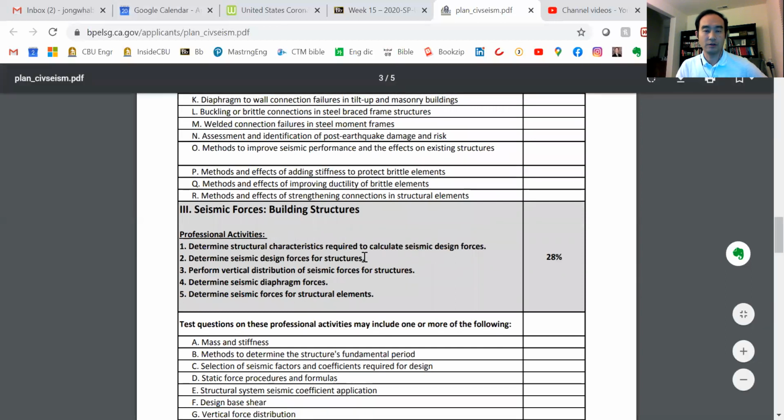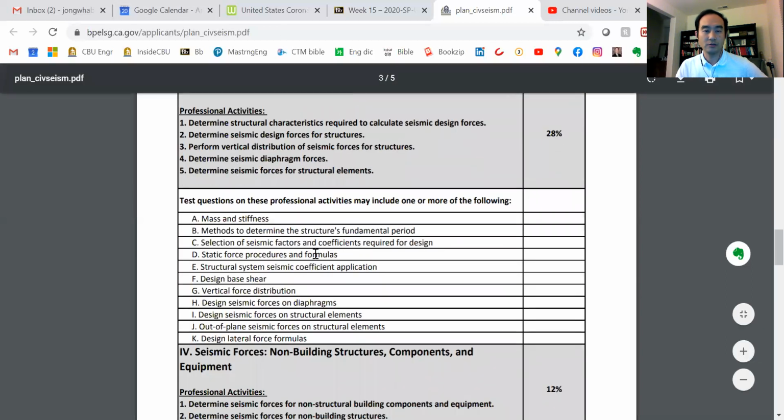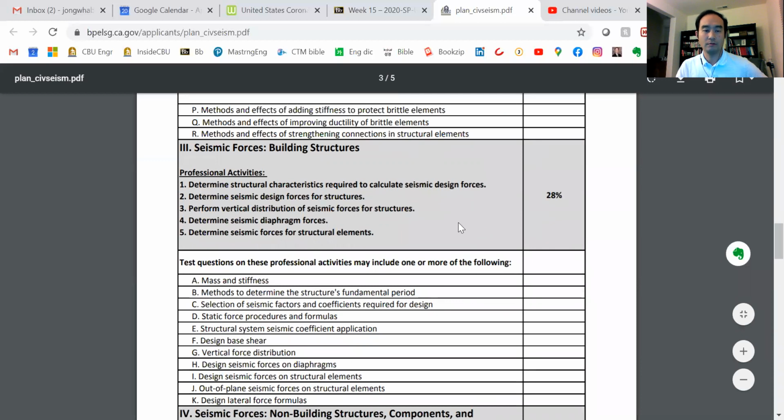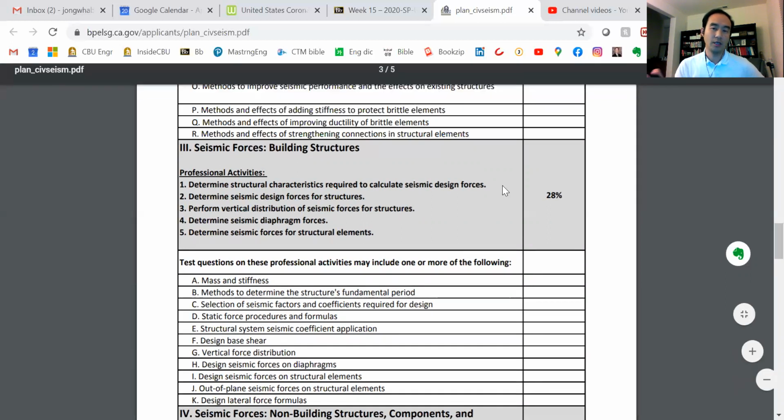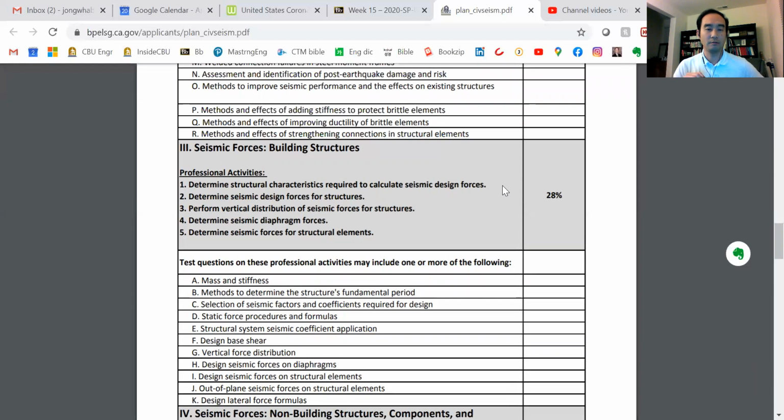So you can see those details. This one we covered most of it. Seismic forces for building structures, which is 28%: determine the structural characteristics required to calculate seismic design forces. We already talked about the equivalent lateral force design method to figure out the base shear first and then divide it into the equivalent lateral forces on each floor. Determine seismic design forces for structures.